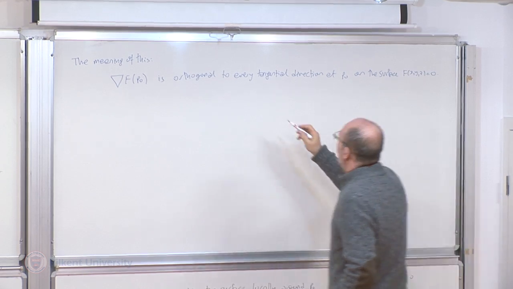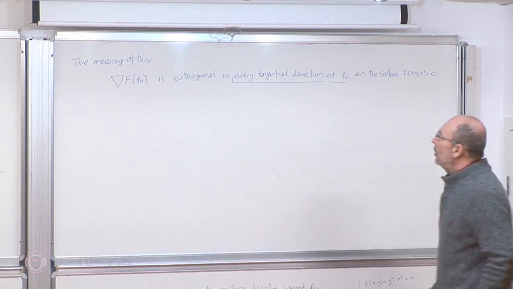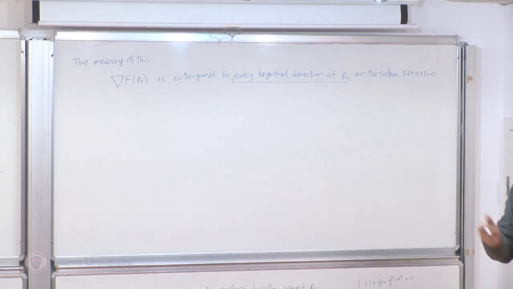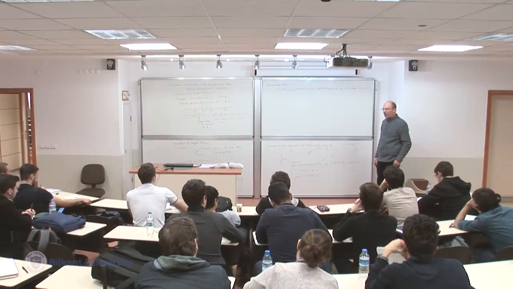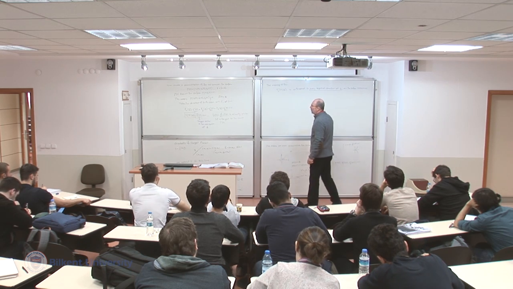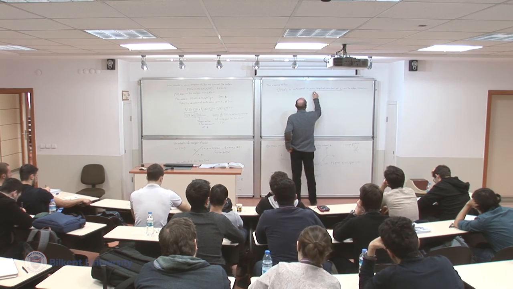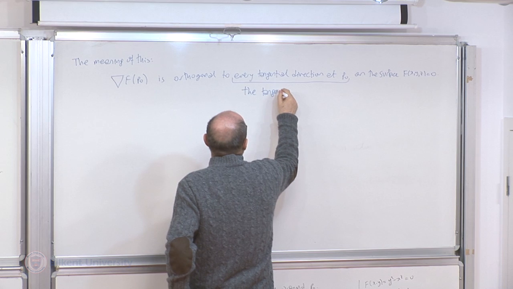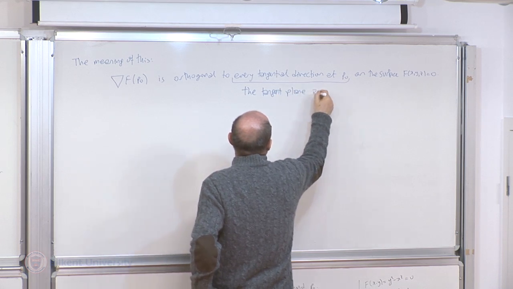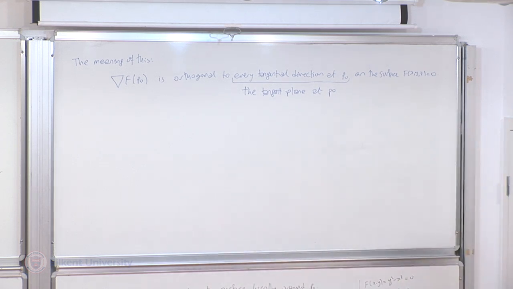Okay? To every tangential direction at p sub 0, we have a name for this. We have to give it a name because this phenomenon is so fundamental that it will show up over and over again. So we better give it a name. We call it the tangent plane. Actually, we call it the tangent space at that point, but we drop the word space in calculus. We call it the tangent plane at p sub 0 on the surface f of x, y, z equals 0.